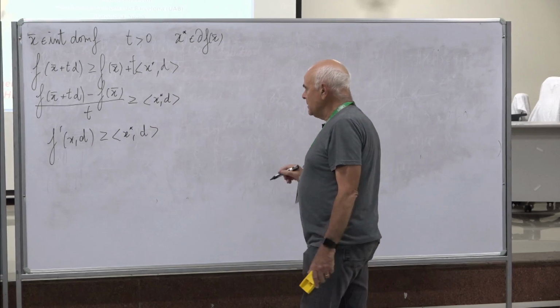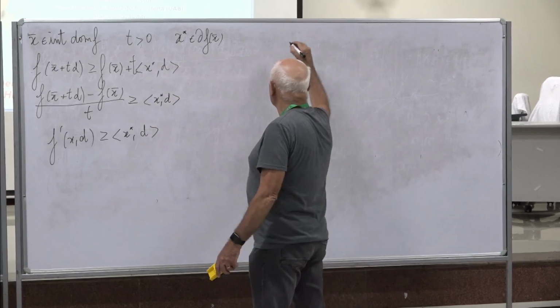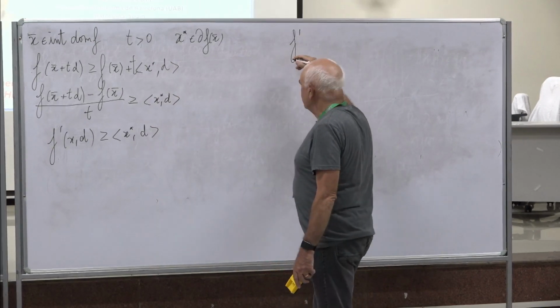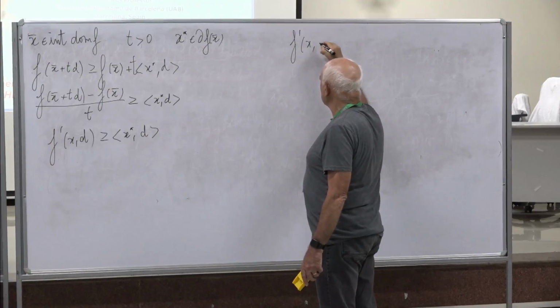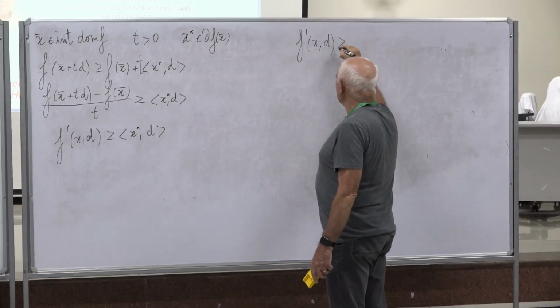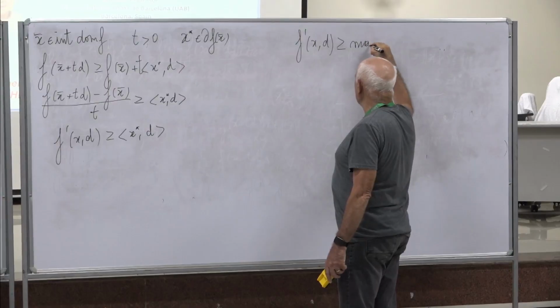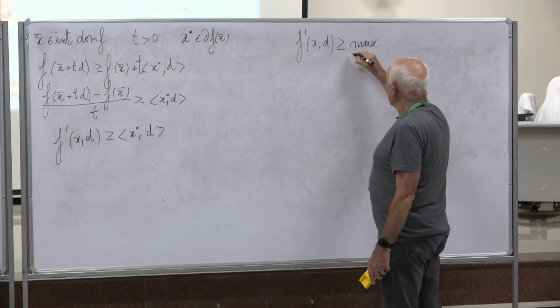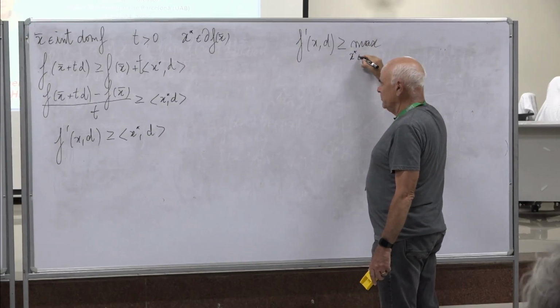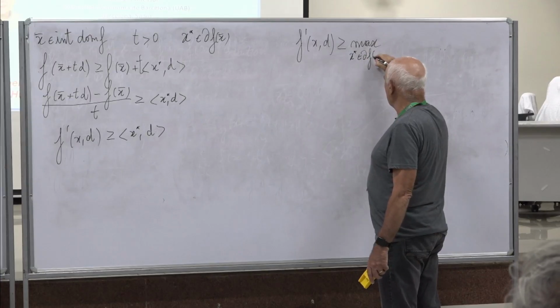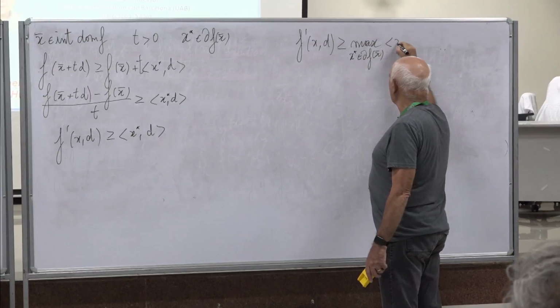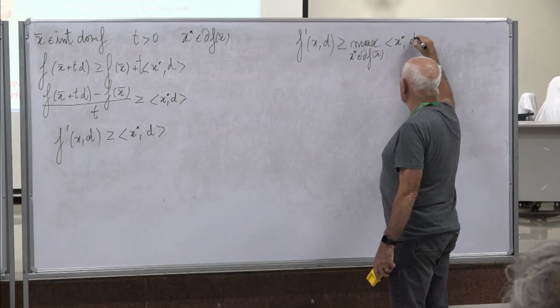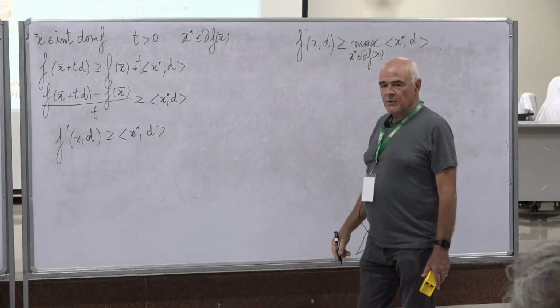So I can write that f prime of x, d is greater than or equal to the maximum over x star in the subdifferential of x star d.